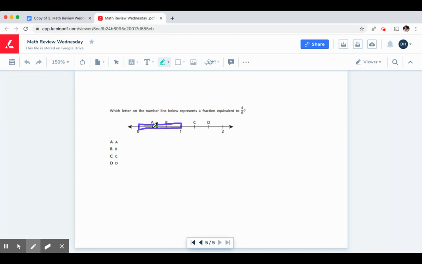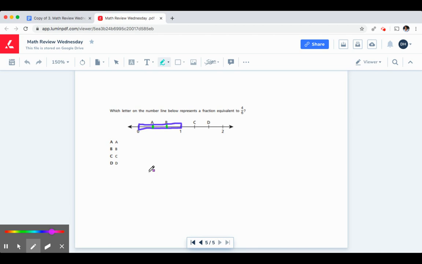Well, there are 2 hatch marks between 0 and 1, and so that means that this whole is broken into 3 parts. If they're broken into 3 parts, how much is each part worth? Exactly, each part is worth 1/3.